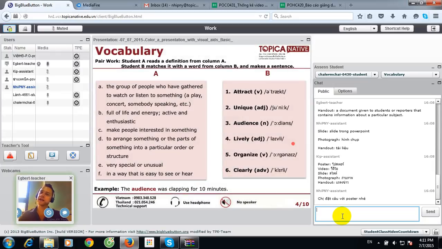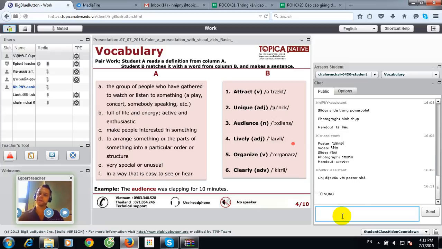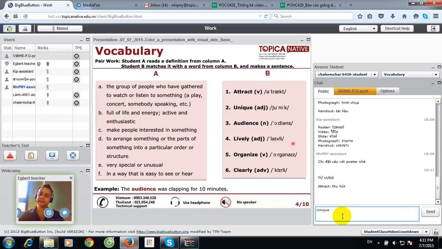So let's first practice the pronunciation of the words. So I'll read them first. Number 1, attract, unique, audience, lively, organize, clearly. So let's start with Lang. Please read all 6 words. Attract, unique, audience, lively, organized, clearly.